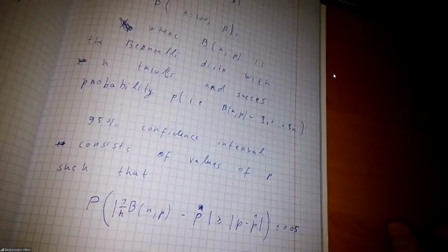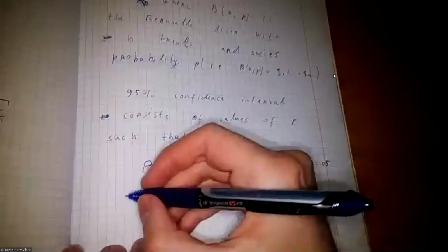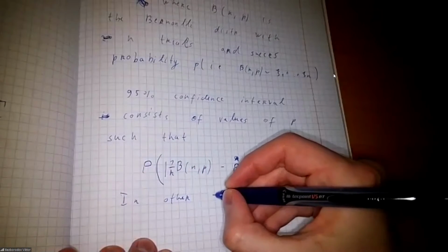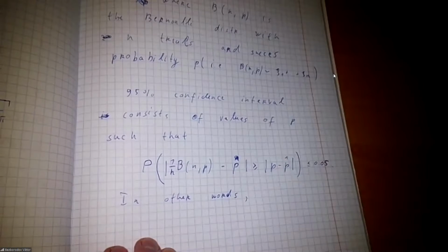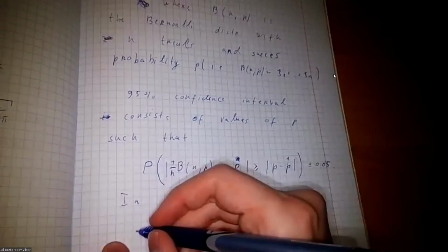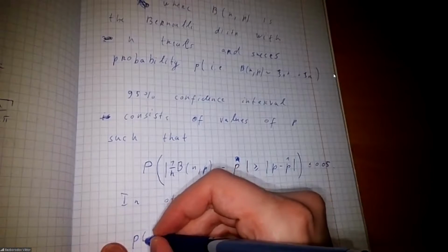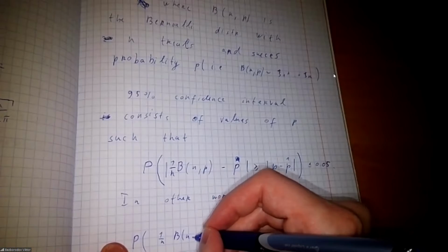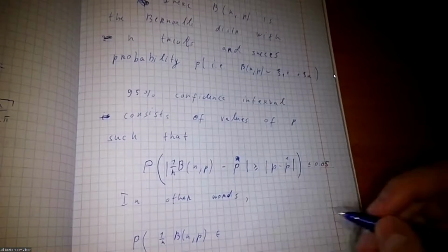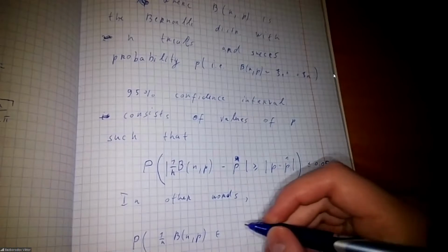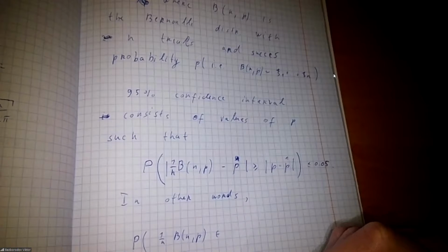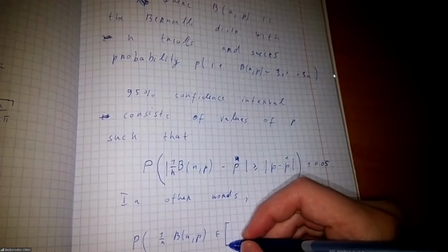Okay, so in other words, the probability that your sample mean is going to be in this interval, which is given by this, I can denote like this.